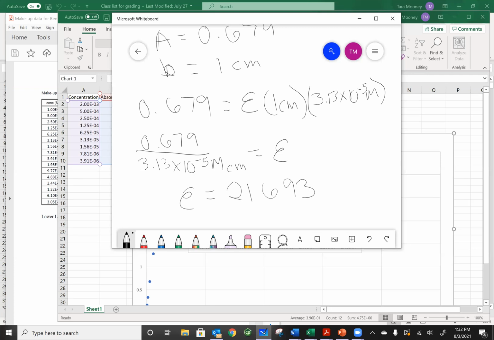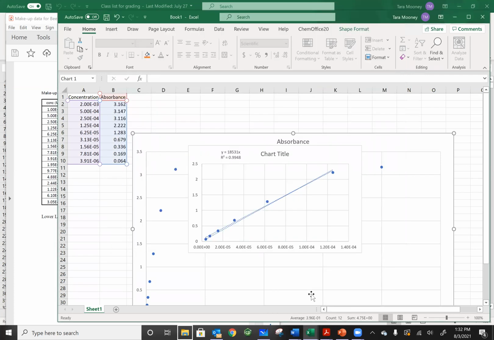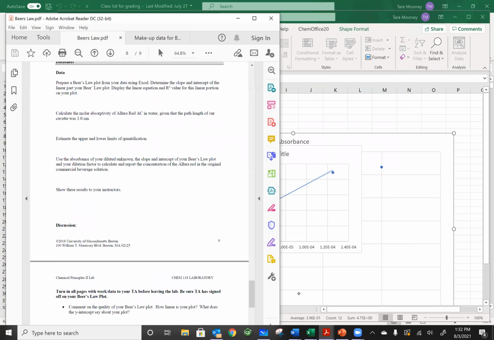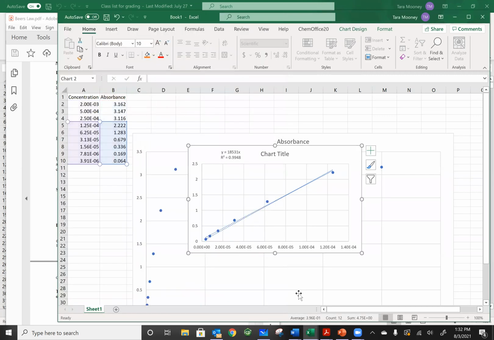All right, so let's see what else we have to do on this page. Okay, estimate the upper and lower limits of quantification. So the lower limit is the standard deviation. We'll do that in a second. The upper limit on here is going to be our most concentrated.